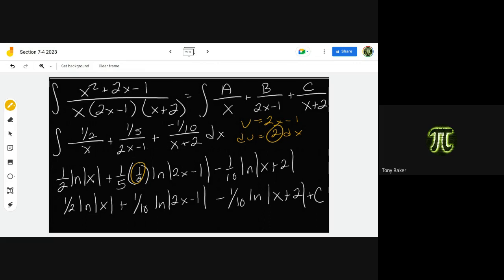Honestly, this one's not hard. It's just a lot of little places you can make a little mistake. I actually think the trig substitution that we did on Tuesday is harder, but it's shorter. It's less little places. It's actually less algebra.